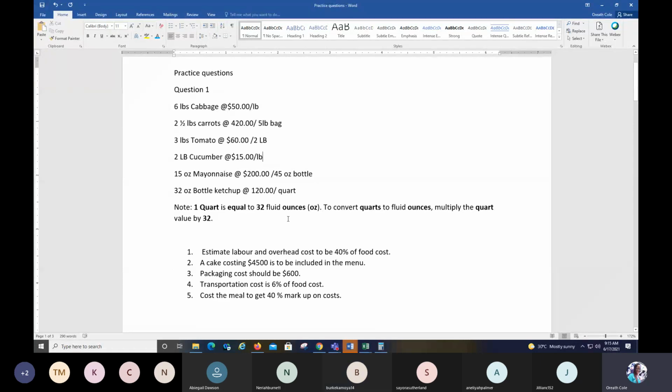Better? Yes, miss. So there is a question. We have 6 pounds of cabbage at $50 per pound, 2.5 pounds of carrots at $420 for a 5 pound bag, and 3 pounds of tomato at $60.